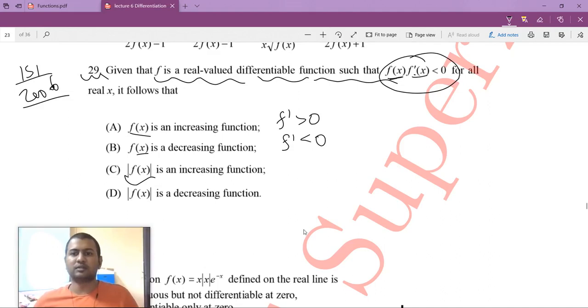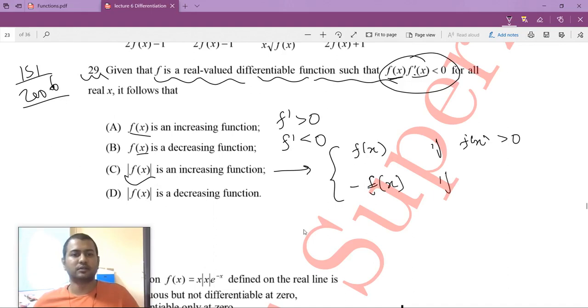Now let's look at the function mod x. So the function mod x is basically f of x if f of x is greater than 0 and minus f of x if f of x is less than 0.